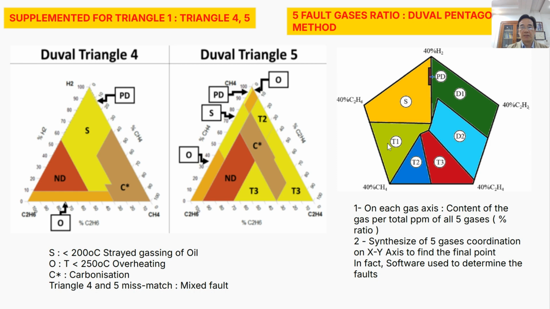Then finally the point will fall into a specific zone here, which will indicate the problem we have in the transformer. This method is more complicated, and typically we use computer software to plot and to have the analysis result on this pentagon method.